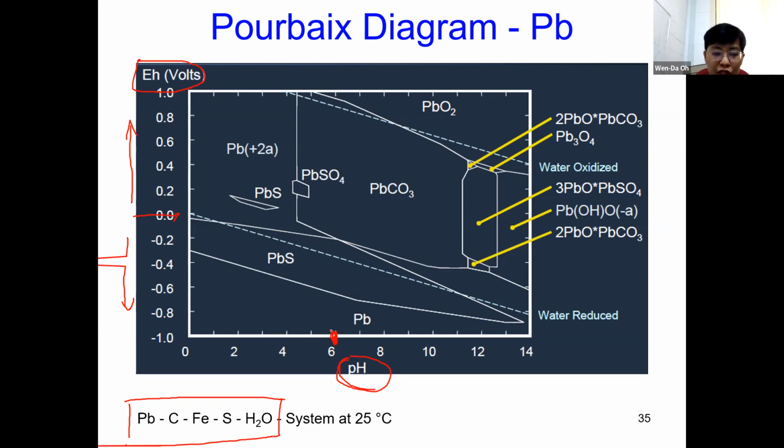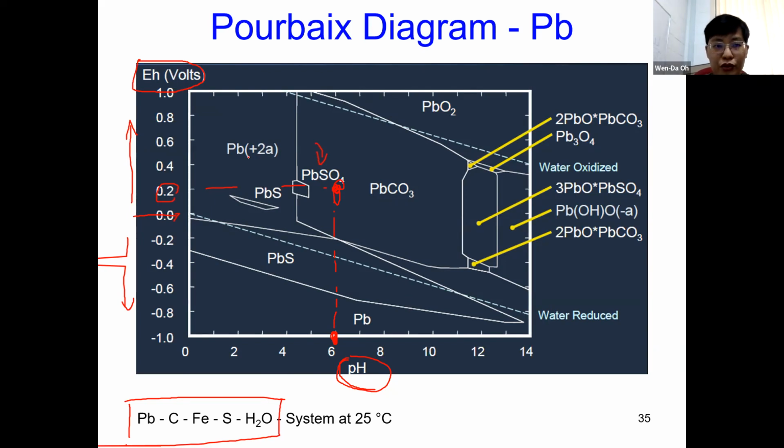If the probe tells you that it is 0.2, then 0.2 and 6, you are at this area. At this area, lead sulfate is the one that is stable under this condition.